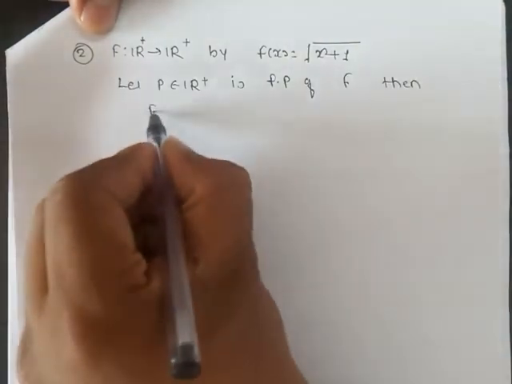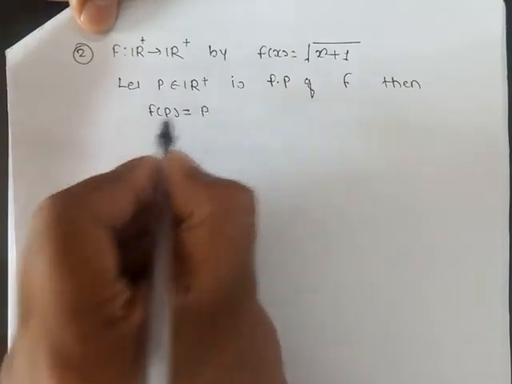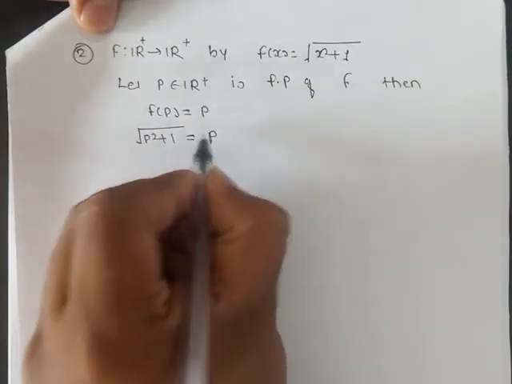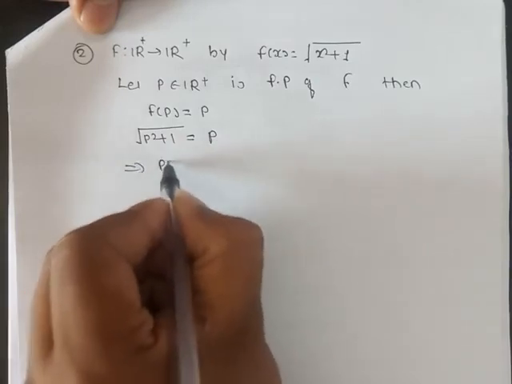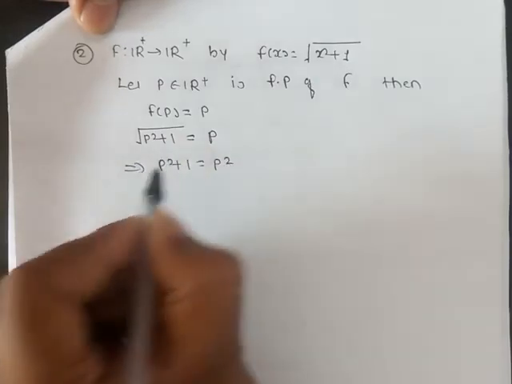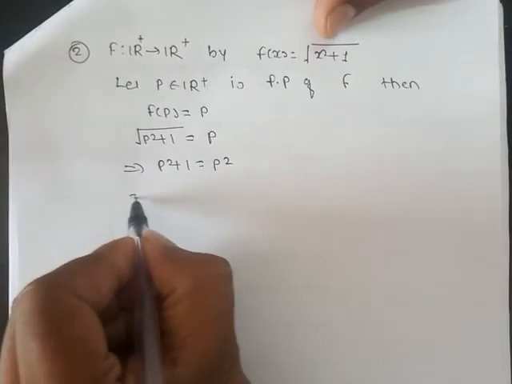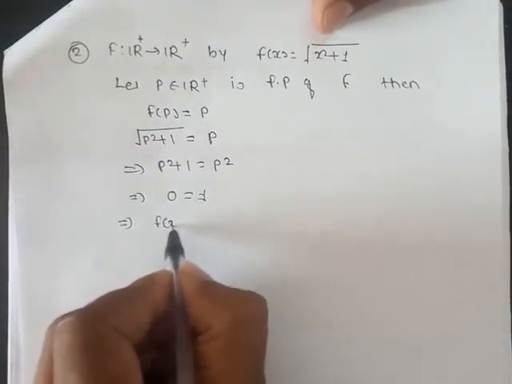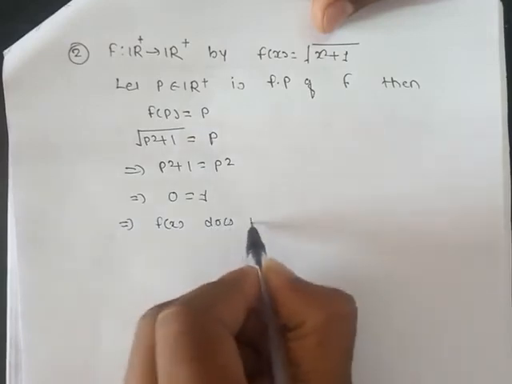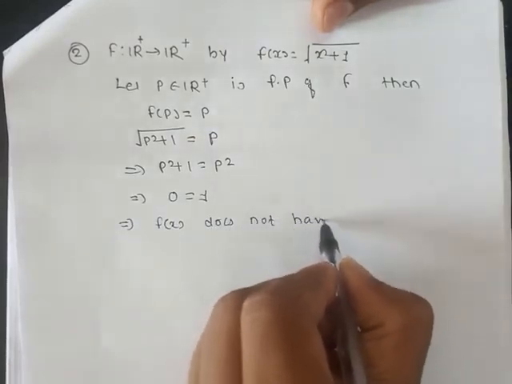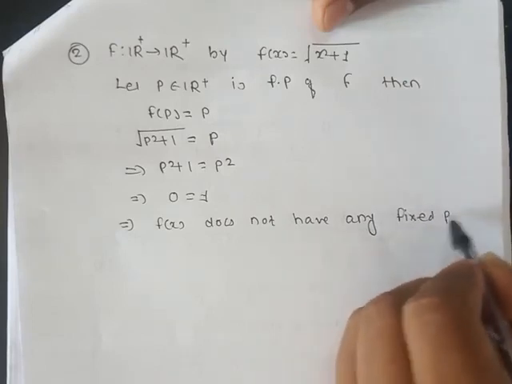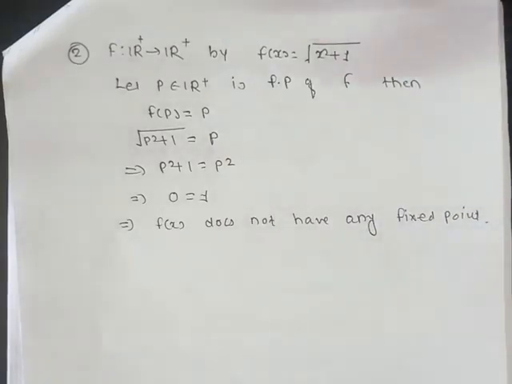Then f of p is equal to p. So under root p square plus 1 is equal to p. This implies that p square plus 1 is equal to p square. So this implies that 0 is equal to 1, which implies that f of x does not have any fixed point.